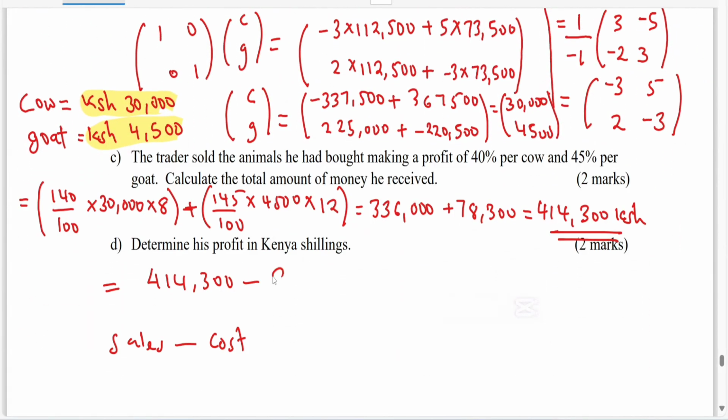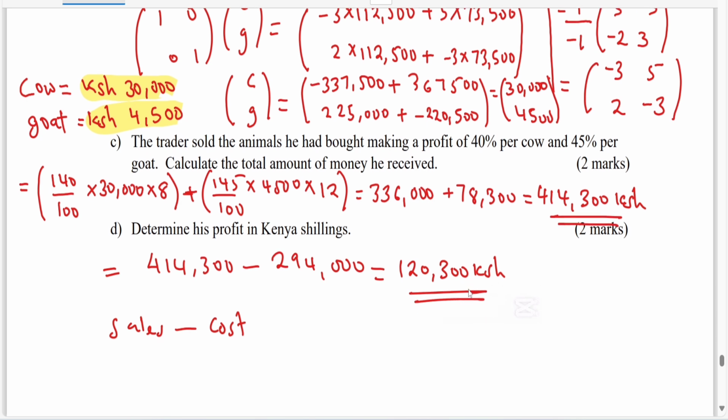So minus 294,000 shillings. So profit yake itakuwa 414,300 minus 294,000 gives you 120,300. So equal to 120,300 Kenya shillings.